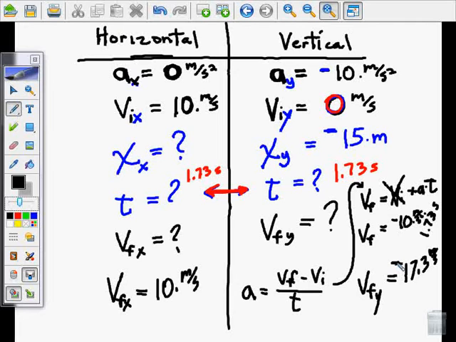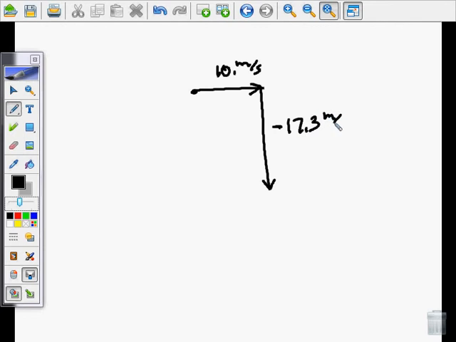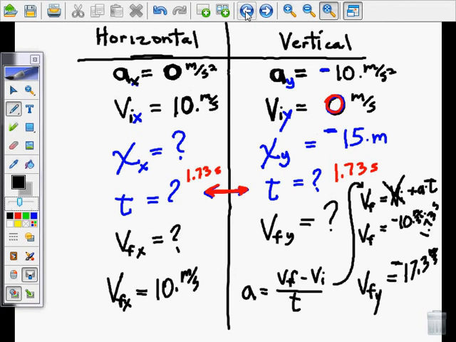And now we go back and do our little vector triangle. We know that right before it lands, it's going positive 10 meters per second, but it's also going downward, negative 17.3 meters per second.